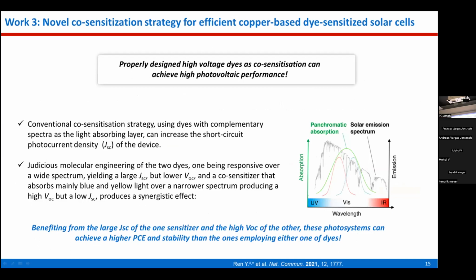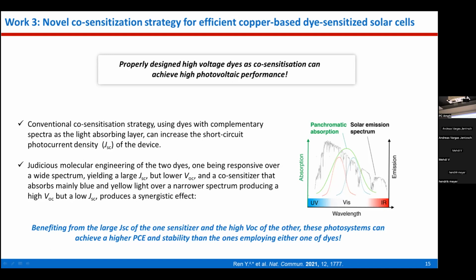Co-sensitization is a very key strategy to improve the performance of the solar cell. The conventional one uses complementary absorption of the dyes as the light-absorbing layer. Here, we propose that judicious molecular design can lead to a synergetic effect: a high-VOC wide band gap dye and a narrow band gap dye with a broader spectral response.